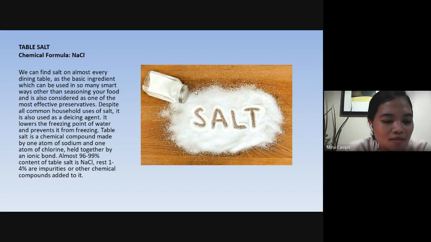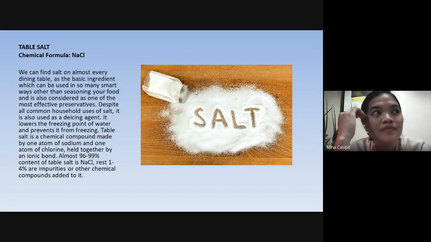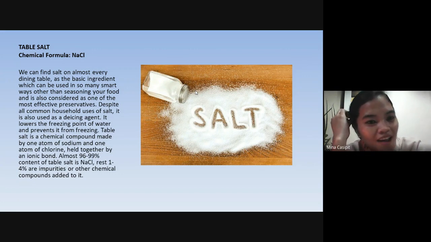Meron pa ba? What are the uses pa? Some uses of salt. Wala na, ma'am. Yun lang yung alam kong kahalagahan ng asin. Ginagamit sa pagkain for preservation.